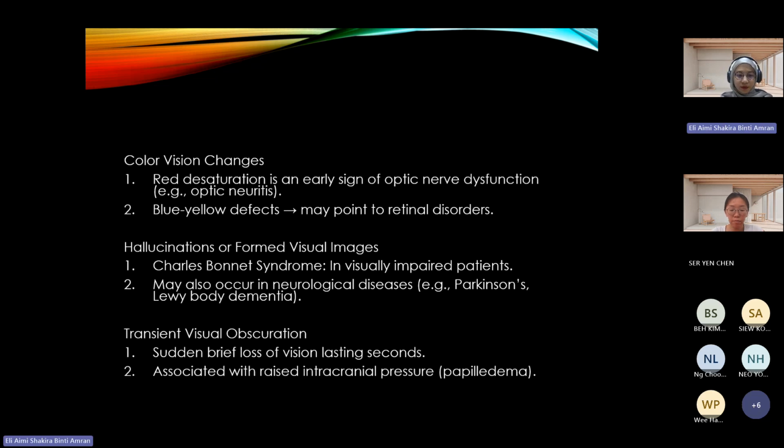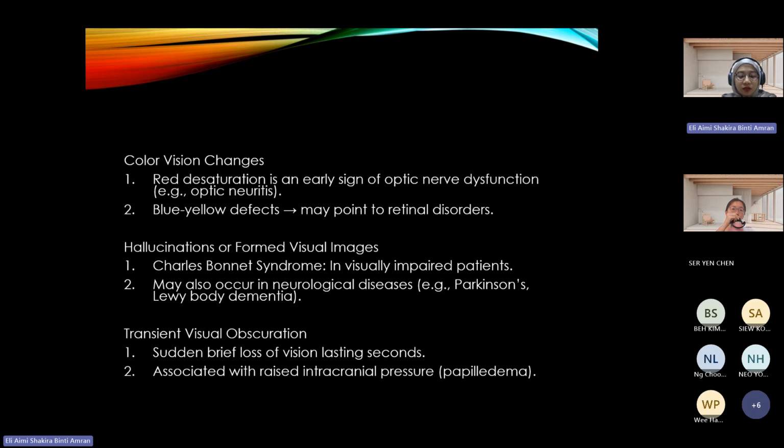Okay. So for transient visual obscuration, the patient can have a sudden brief loss of vision. Suddenly the patient will go blind, but it lasts very briefly, maybe 2 to 3 seconds, in a blink of an eye, then the vision will recover.